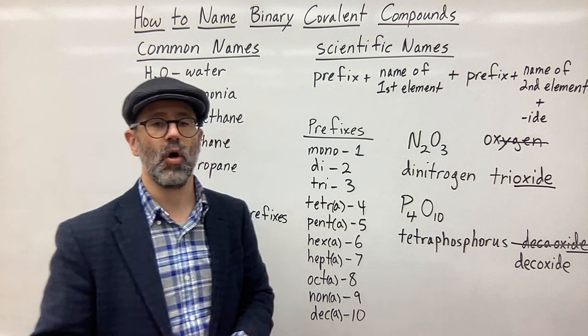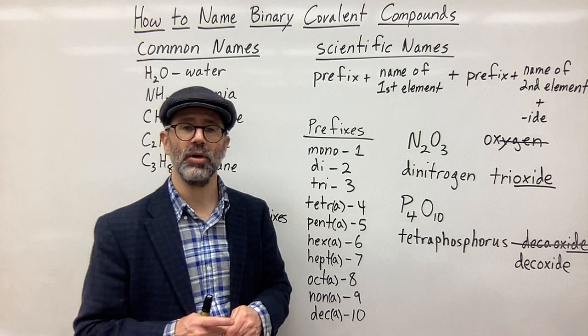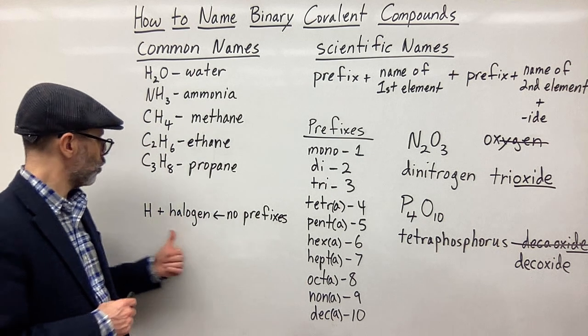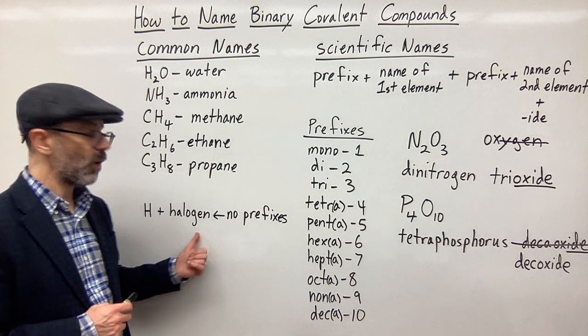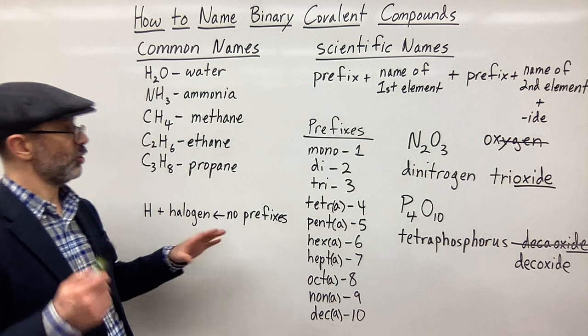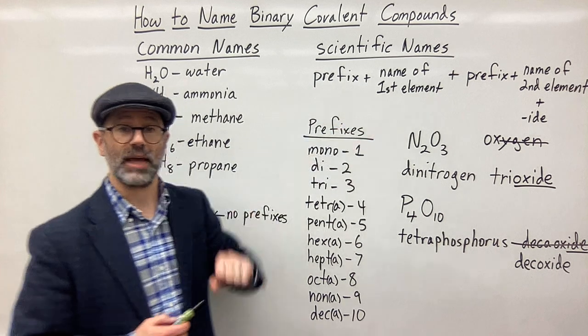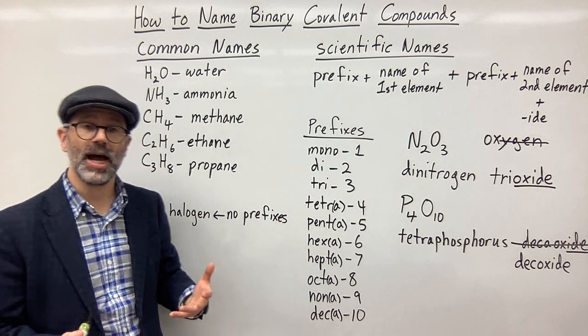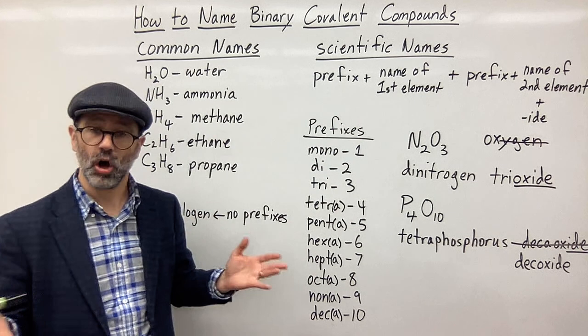There's one thing I want to go over before finishing this video: what if you have a hydrogen with a halogen? Well, in that case, you can use the way of naming that's shown here. You can do that. But a lot of times, you just drop the prefixes altogether.